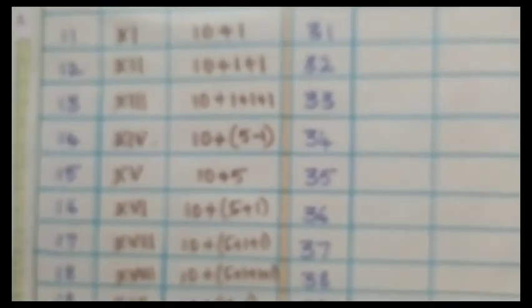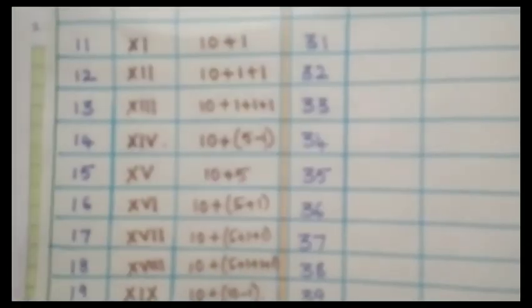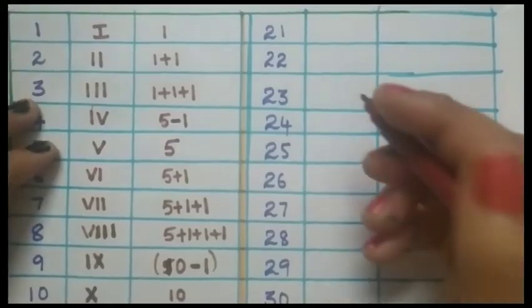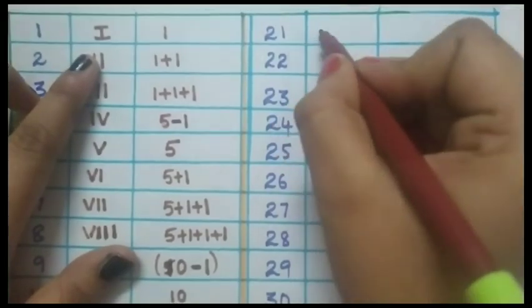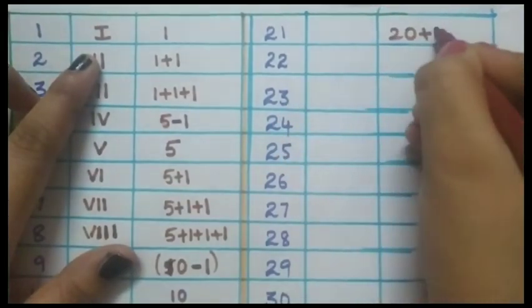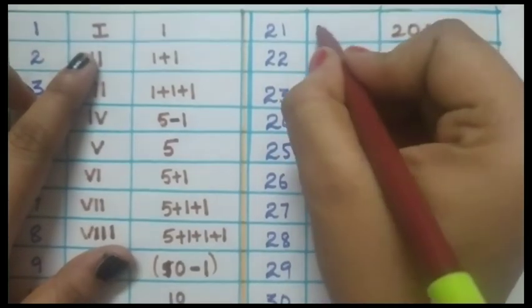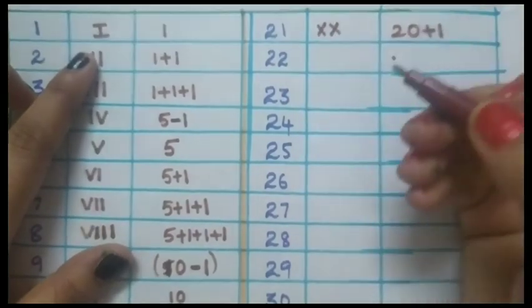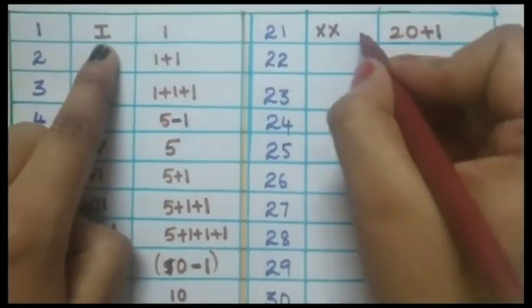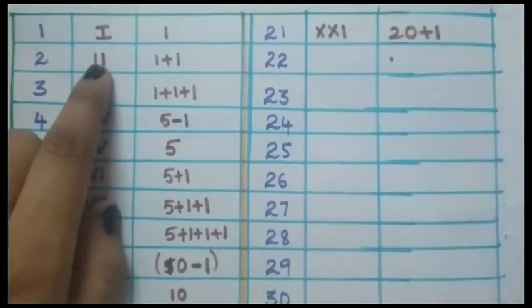Now look at 21 to 30. For 20 we write XX, for 1 we write I, so XXI.